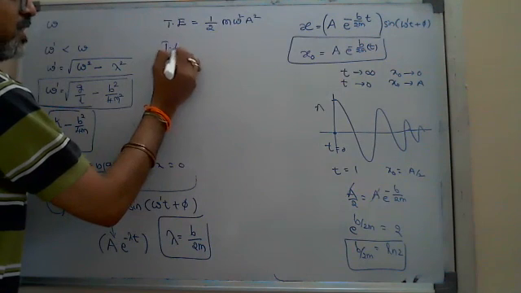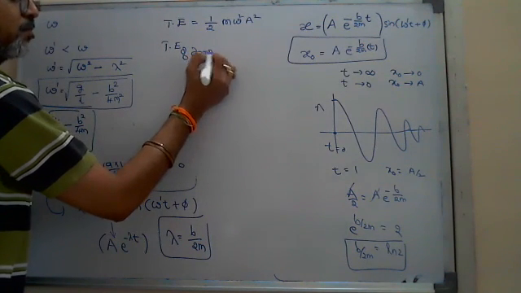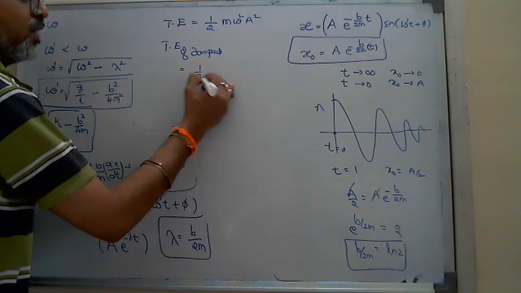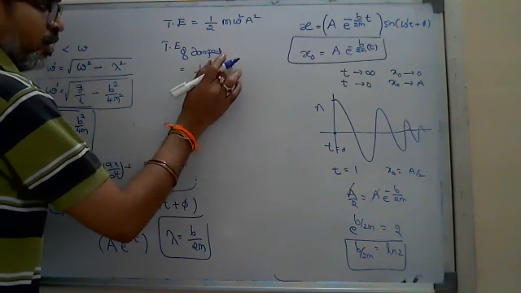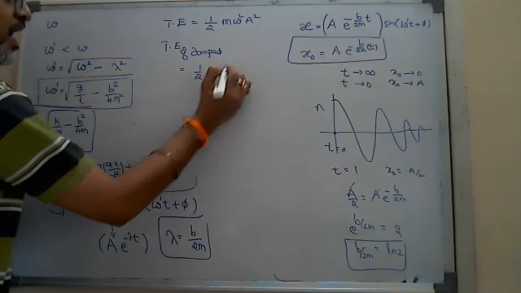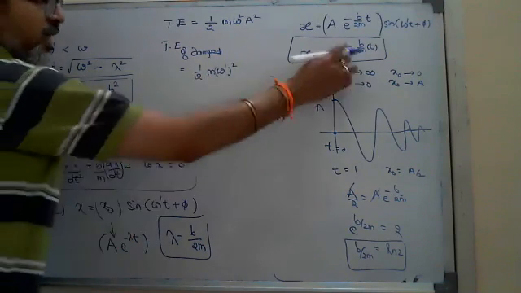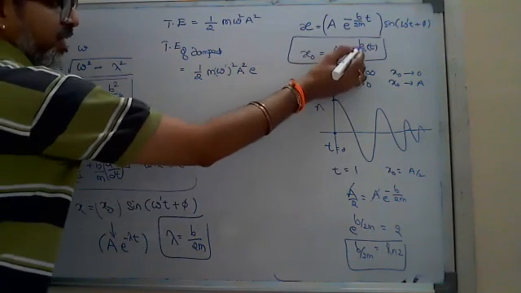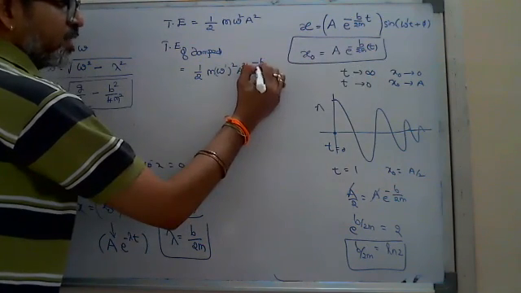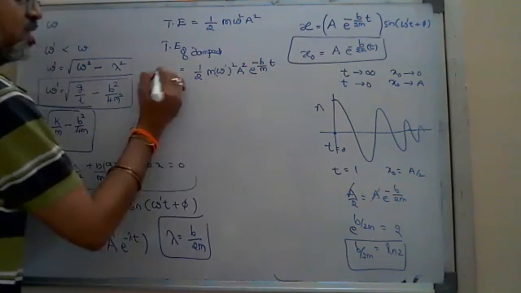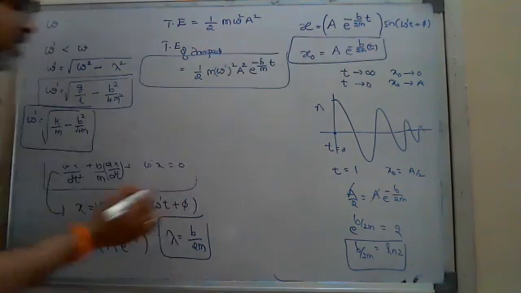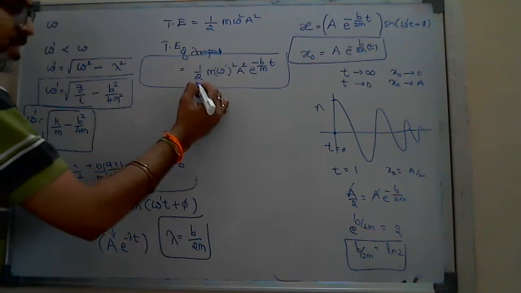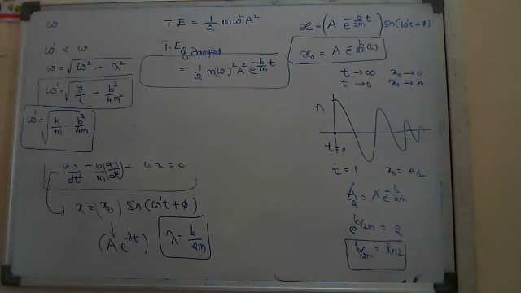The total energy of damped oscillations is half m omega dash square into A square into e power minus b by m into t, taking the square of this one, 2 cancels. This is the total energy of damped oscillations, and this is the max. Very simple.